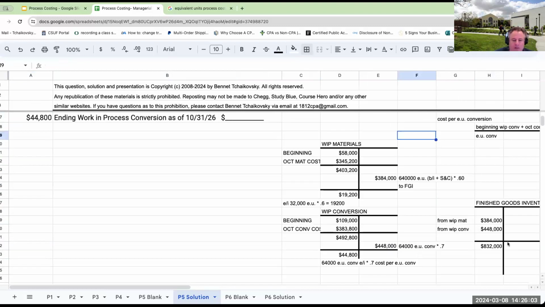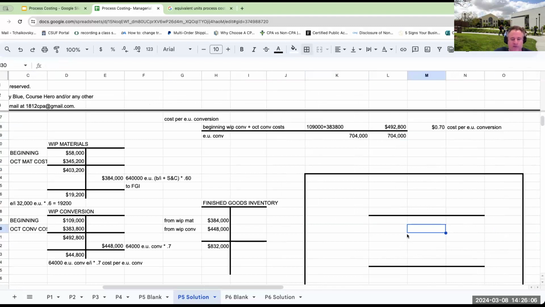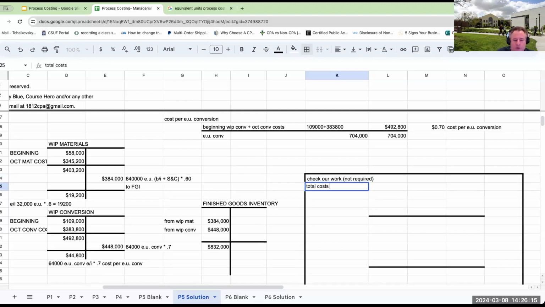Now, the next thing we could look at doing is just to check our work. Not required. There is something called total cost to be accounted for. What does this mean? Well, my ending WIP materials, ending WIP conversion, and my ending finished goods inventory, or 19,200, 44,800, and then 832,000. This equals 896,000.